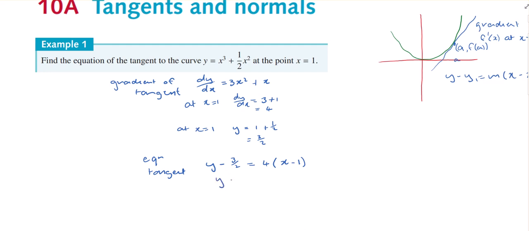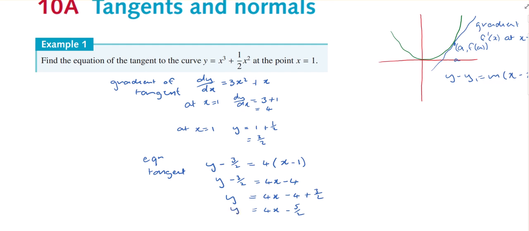So y minus 3 on 2 is equal to 4x minus 4. Move the 3 on 2 to the other side, so you'll have 4x minus 4, and then that'll become plus 3 on 2, or plus 1.5. So if you add negative 4 plus 1.5 will give you negative 2.5, which is minus 5 on 2.